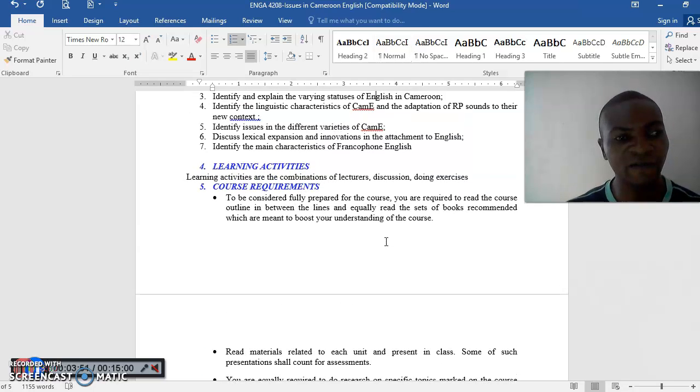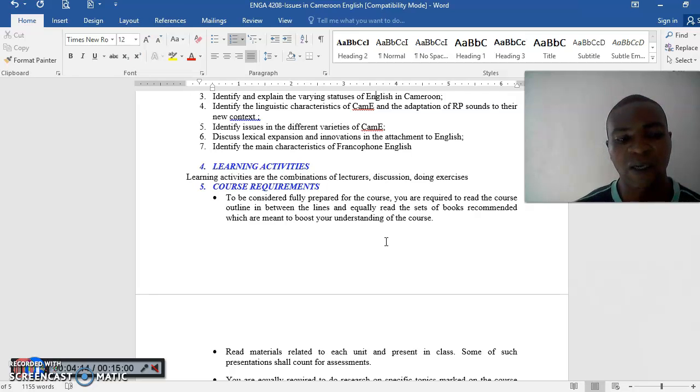And then we'll have learning activities. The learning activities are a combination of lectures, discussions, and exercises. We'll be having lectures, we'll have a lot of exercises that you'll be doing, and we'll have discussions in class.